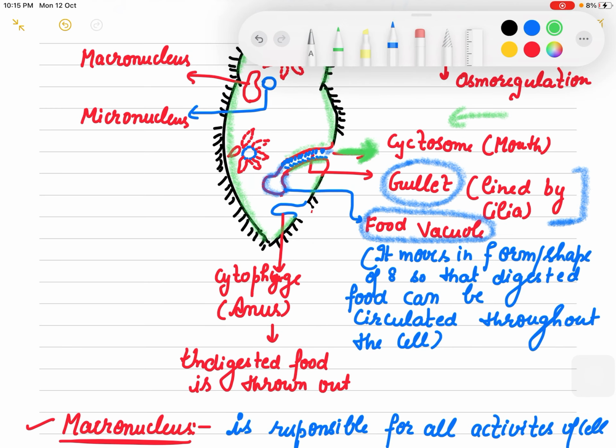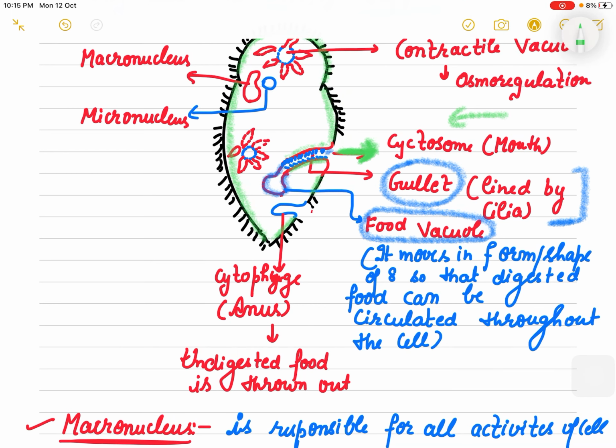Actually, what is the role of this food vacuole? This food vacuole moves in the shape of 8. It moves like this so that the complete nutrition can be circulated throughout the cell.